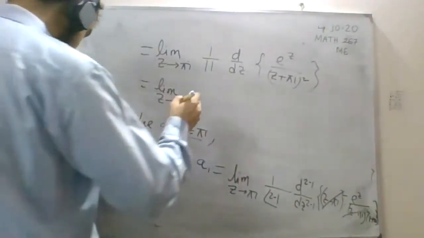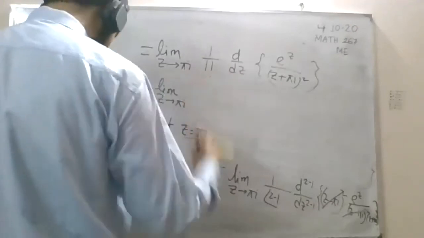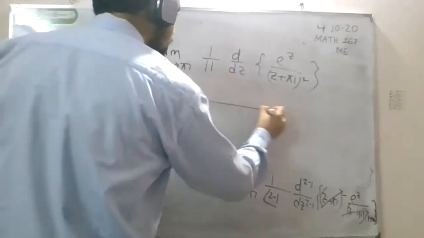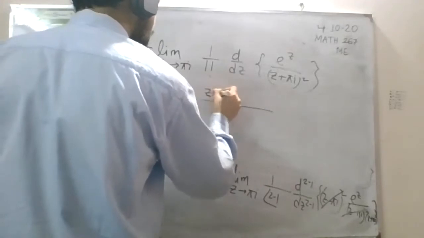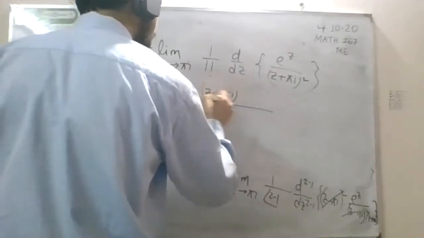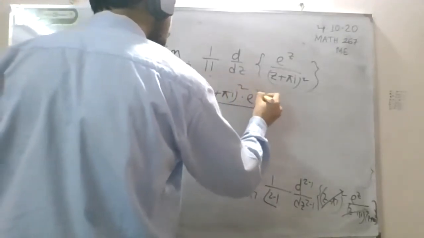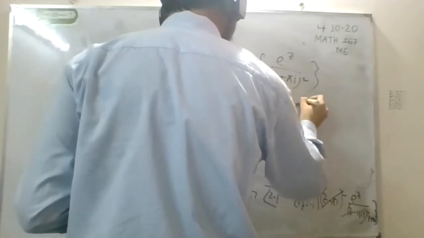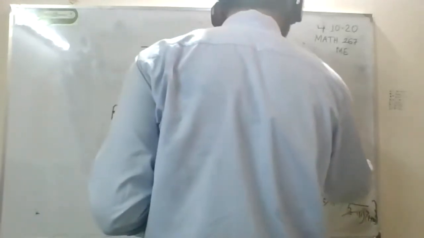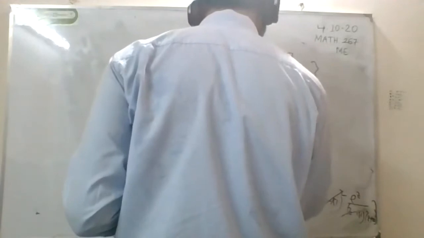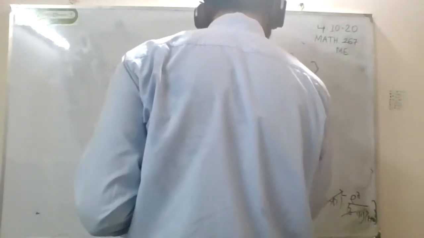So you can say that will be z plus pi I whole square into e to the power z minus e to the power z into 2 into z plus pi I, over z plus pi I to the power 4.